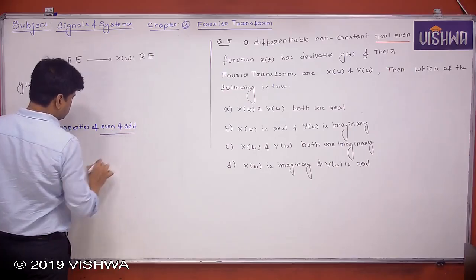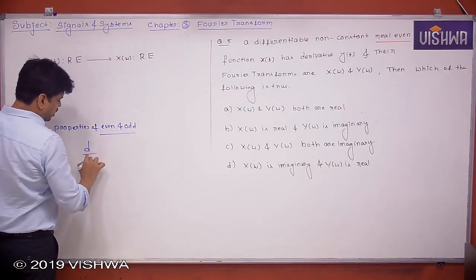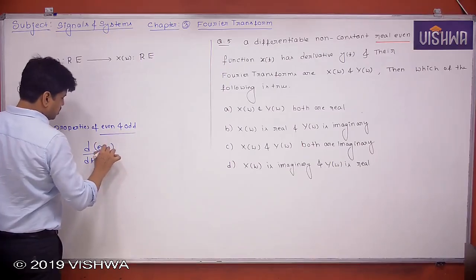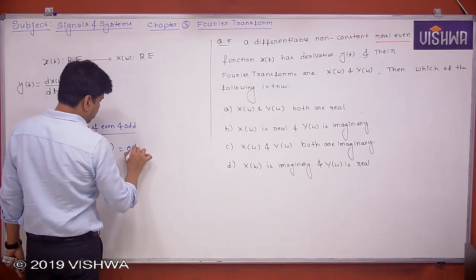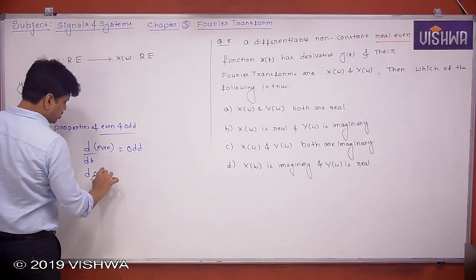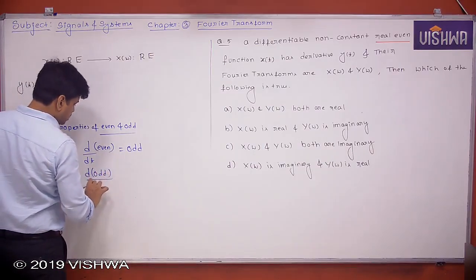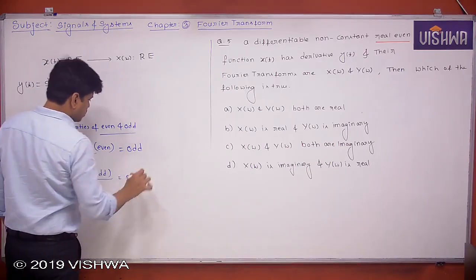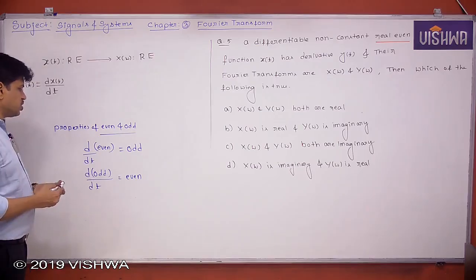If I differentiate an even function, then the resultant is an odd function. If I differentiate an odd function, then the result is an even function. So this is what we came to know.